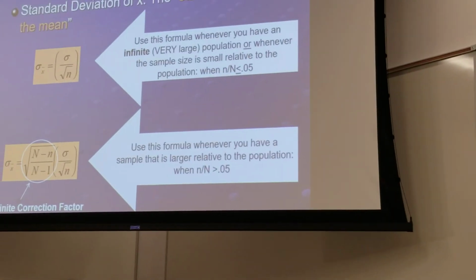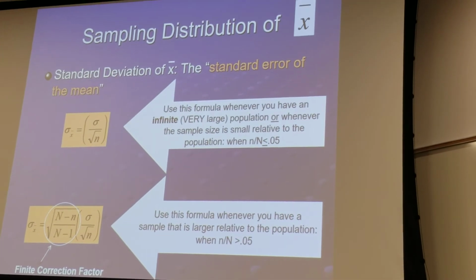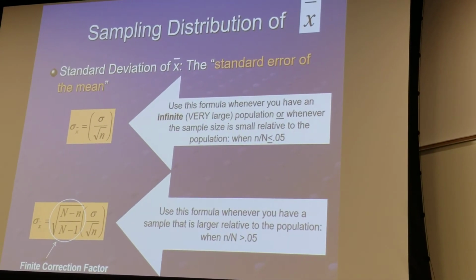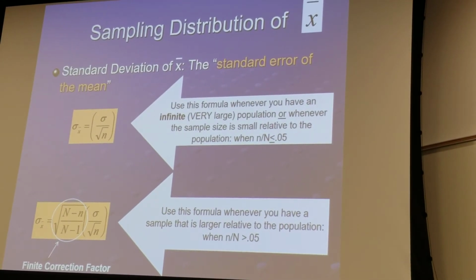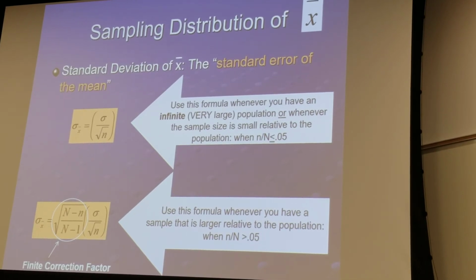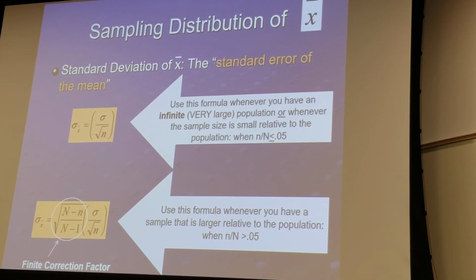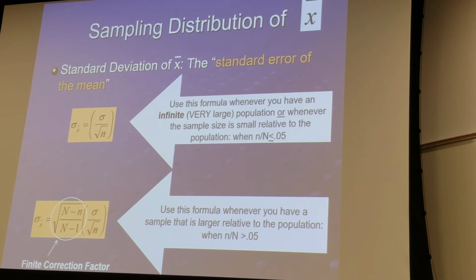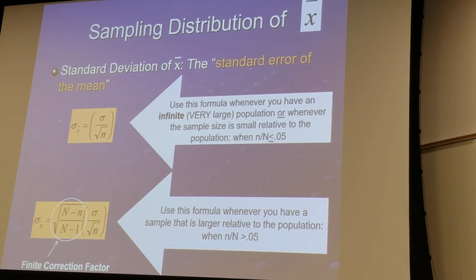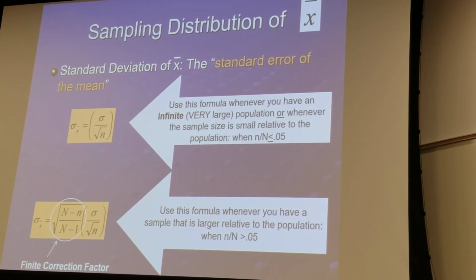Okay, so this is how we said that. I just erased it, but the reason the distribution got narrower and taller was because the standard deviation is getting smaller, right? This is how you calculate the standard deviation of X bar.